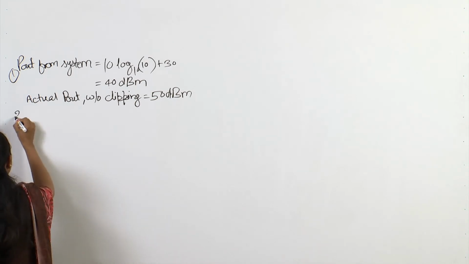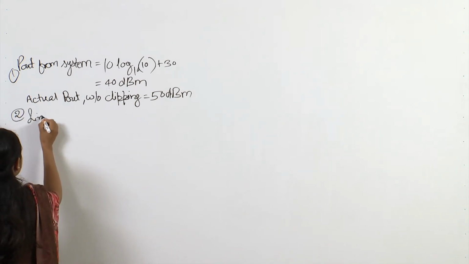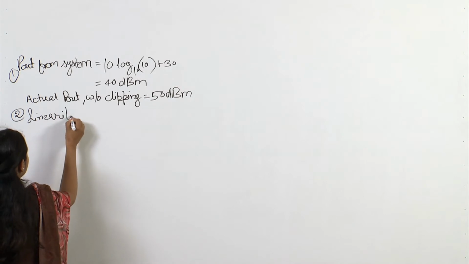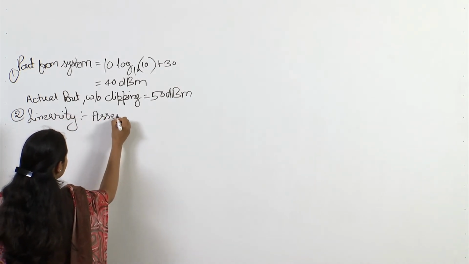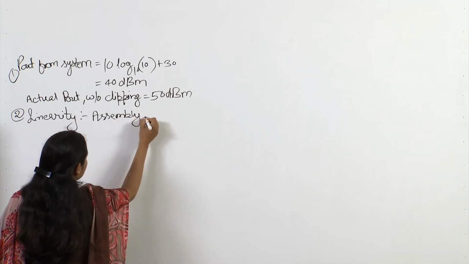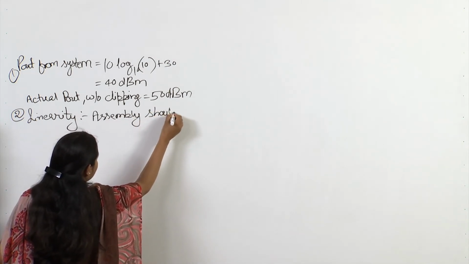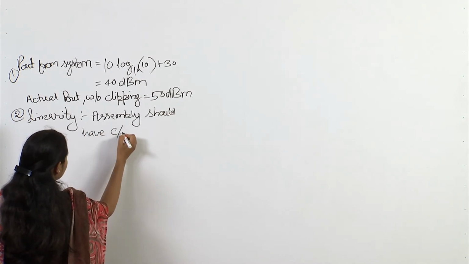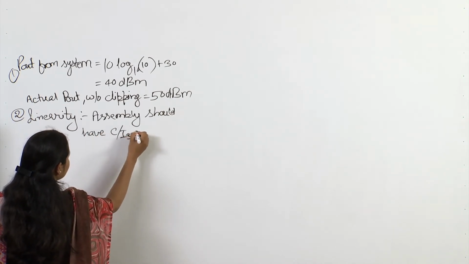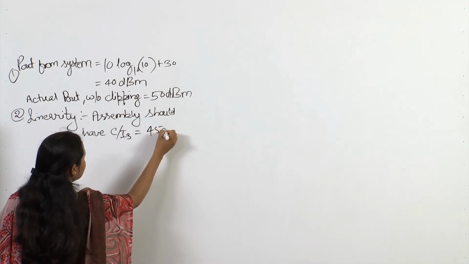Second, linearity requirement. At the output, assembly should have C by IMD3 ratio of at least 45 dBc.